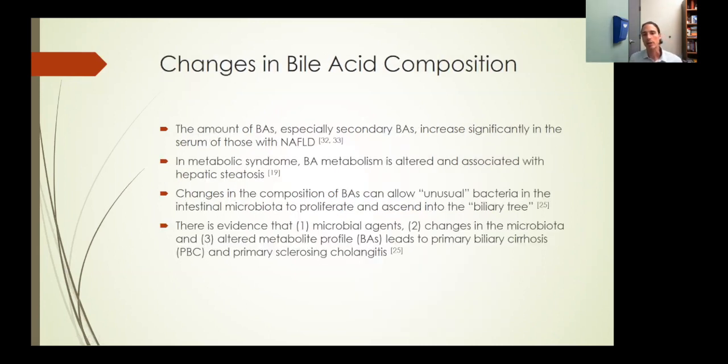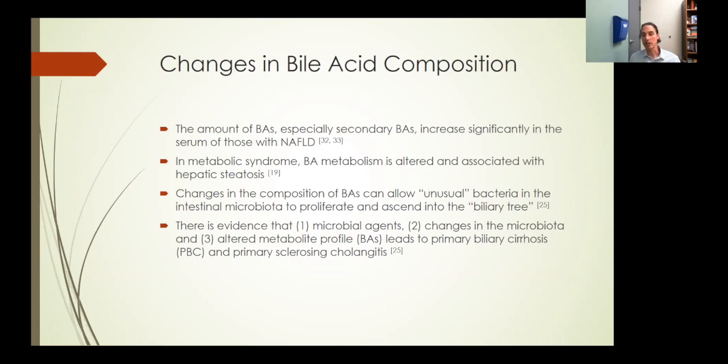Just some notes on patients with non-alcoholic fatty liver disease and other liver diseases. It's been shown in the research that the amounts of bile acids, especially secondary bile acids, increase in those with liver disease. Also in metabolic syndrome, bile acid metabolism is altered, and it's shown in correlation with hepatic steatosis.